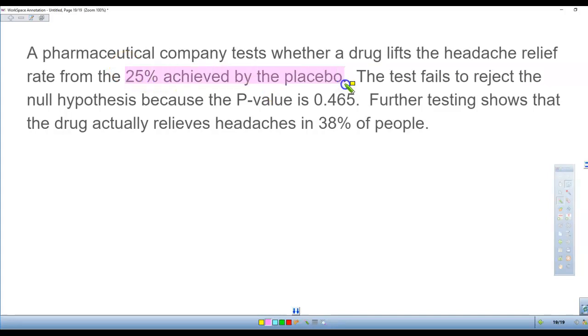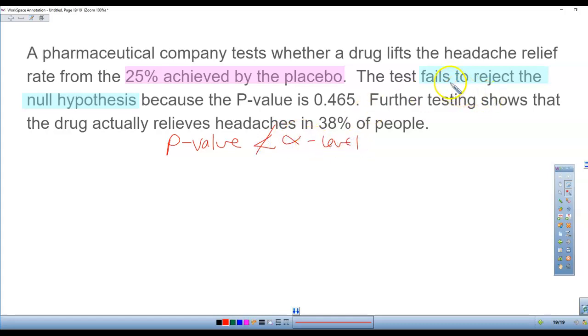Then they do a hypothesis test, and the hypothesis test fails to reject the null hypothesis because the p-value is 0.465, which is not less than an alpha level. It doesn't tell you what the alpha level is, but you can see 0.465 is definitely not less than the alpha level.